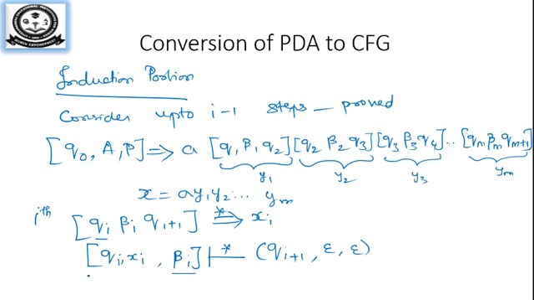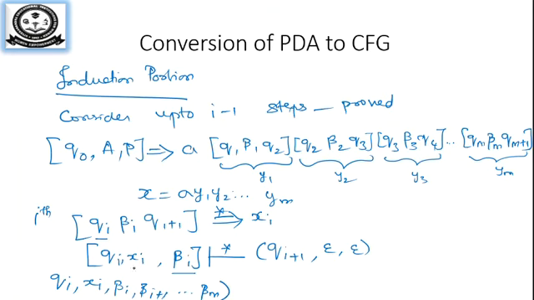So what will be the ith step? It will be qi, xi, beta 1, beta i+1, and it goes on up to beta m.